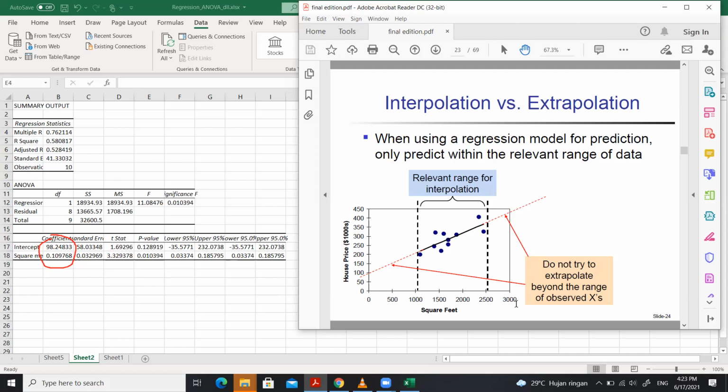For example, if we have 3,000 square feet, what price then? We cannot use it because the observed data is located in the relevant range. You can see here, in 3,000 square feet, we don't have enough data. So in this case, we cannot use the predictor. Okay?